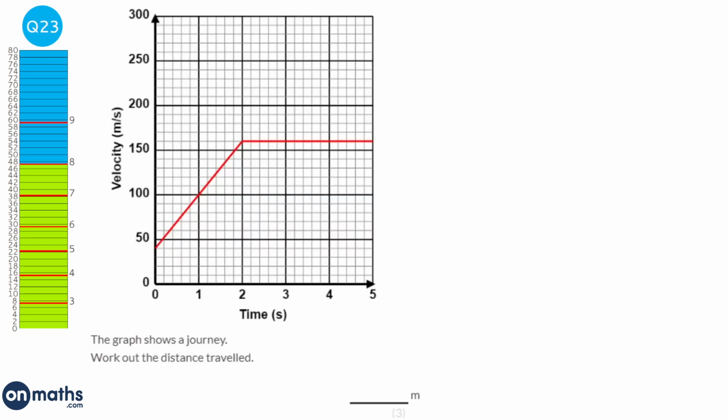To find the distance or displacement on a velocity time graph, we're going to find the area underneath the graph. And to do that, we're going to split the graph into two. We've got the trapezium on the left-hand side, and we've got this rectangle on the right-hand side. To work out the area of the trapezium, we're going to do half (a plus b) times the height.